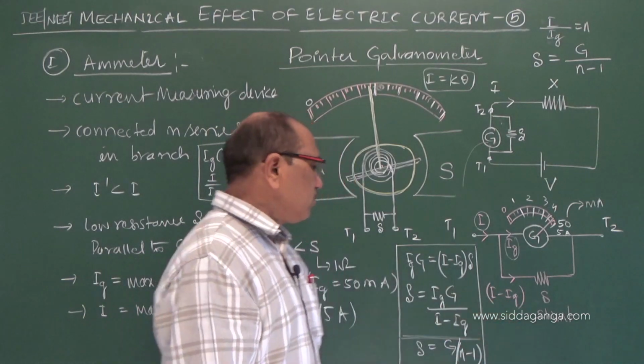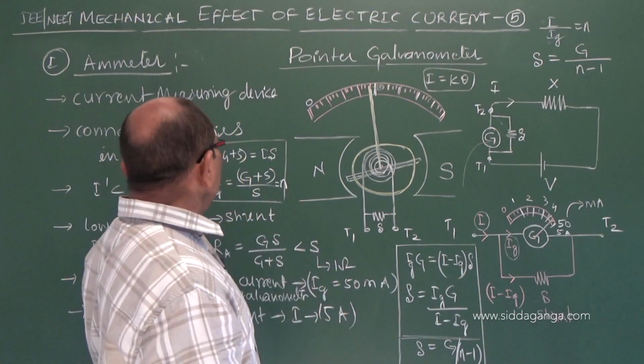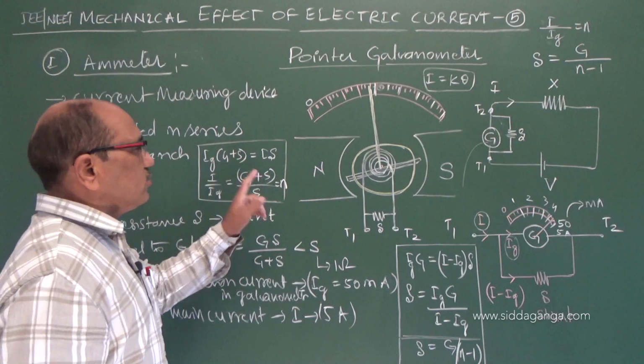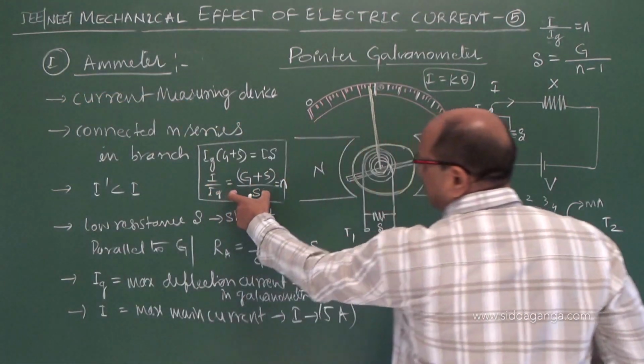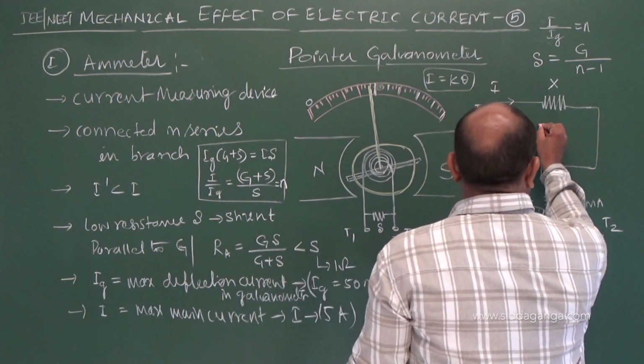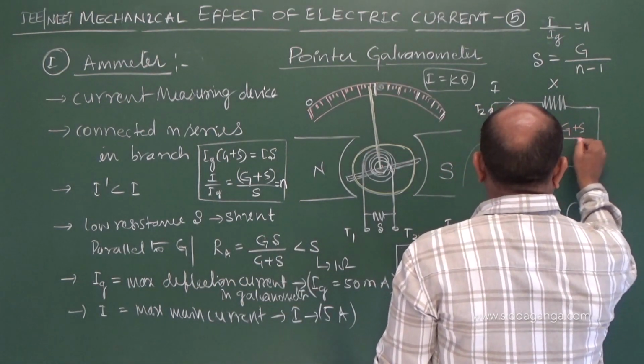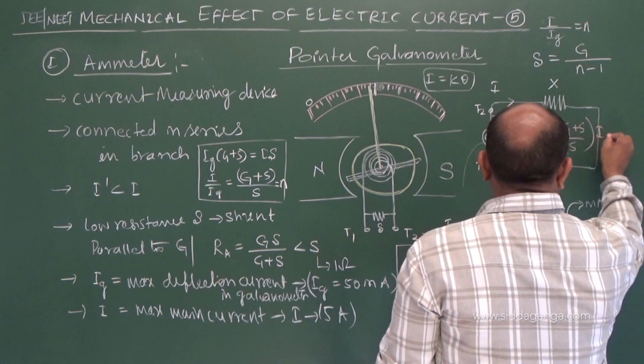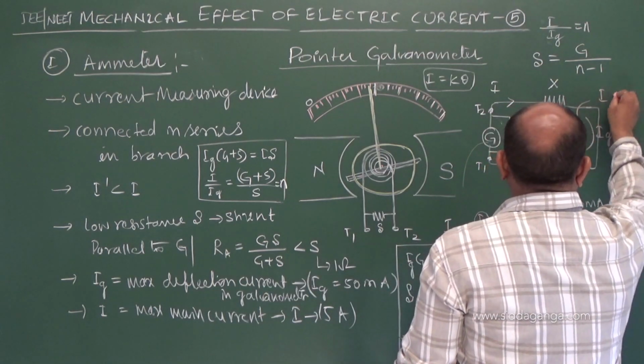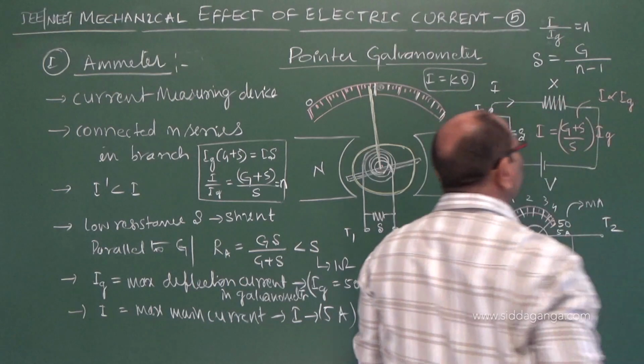However you got this equation, the importance is that I is proportional to Ig. As shown here, I is equal to G plus S upon S into Ig. That means I is proportional to Ig.